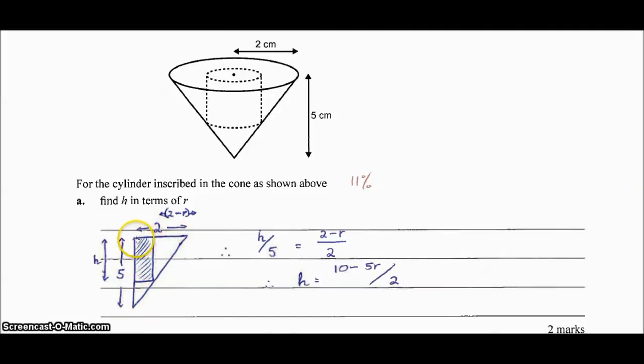So that length there is 2 and that small length there is 2 minus r. That length there is 5 and that length there would be h. So using similar triangles, we can write that as h divided by 5 is equal to 2 minus r divided by 2, which is what I've done over here. That just gives us h is equal to (10 minus 5r) on 2.